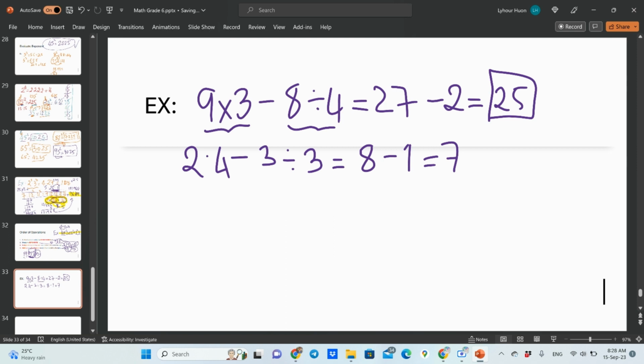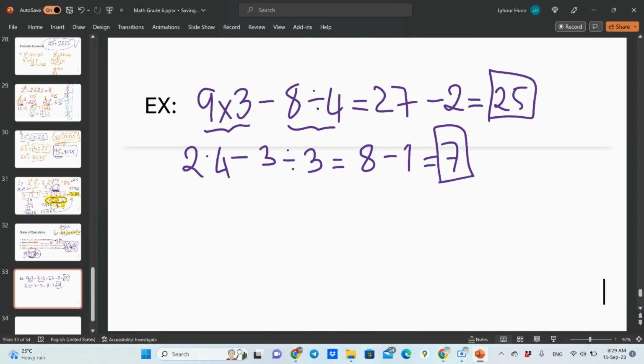I heard you say 2 divided by 4 equals 1. I read it as 4 divided by 2, which equals 2, and then I subtracted. Okay, I accidentally thought it was divided by 2. So the answer is 7.